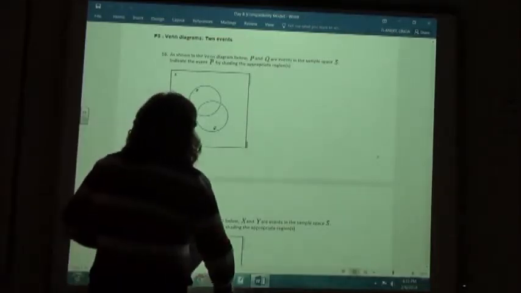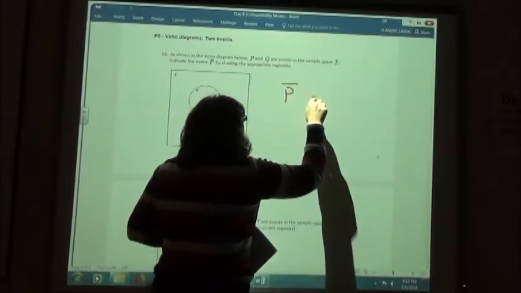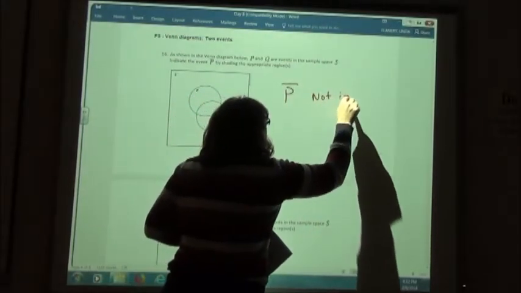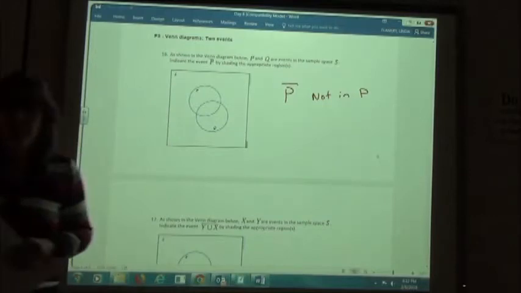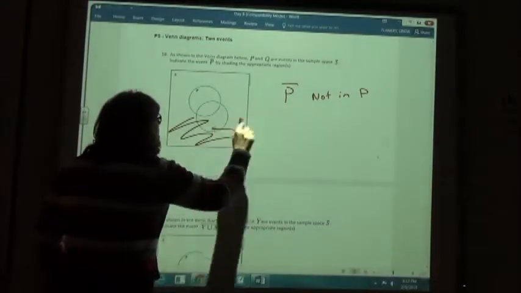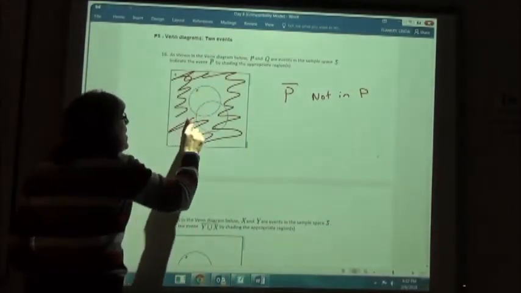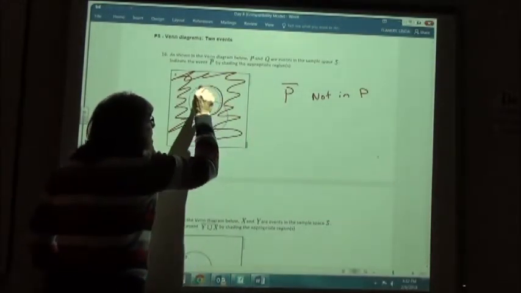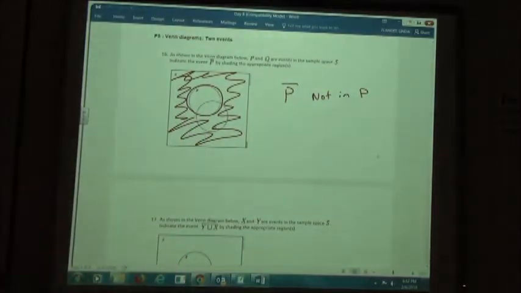When I put the bar above it, I want to shade those things that are not in P. So if I'm going to shade those things that are not in P, I'm going to shade everything but that circle that is P. So what you're going to do is click in all those regions so that everything but this circle that's P is shaded, right? A bar over it means it's not in that section. I want to do not in P. Everything that's not in P.